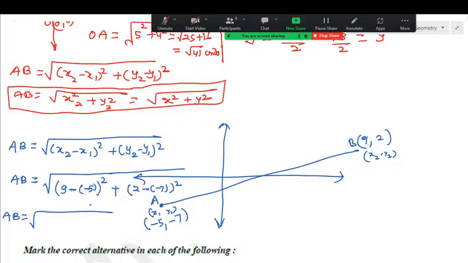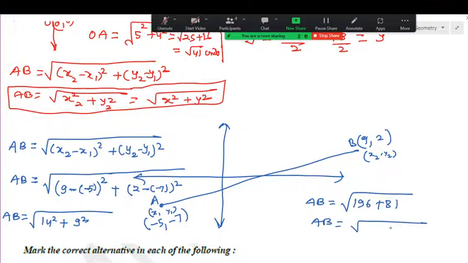Then what will you do to solve it? 9 plus 5 becomes 14 square, plus 9 square. 14 square is 196 plus 81, which is 277, right? It's going to be 277. Yeah, you can leave it in the same way.